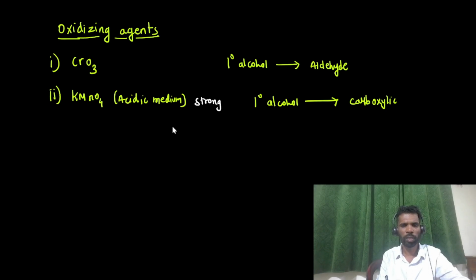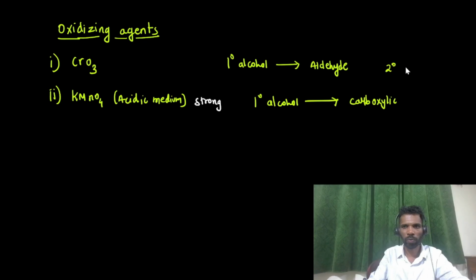Now, you must be asking, what about the secondary alcohol? For secondary alcohol, it doesn't matter whether the agent is strong or weak. Maximum it can get converted from secondary alcohol to ketone. So you have to worry only about the primary alcohol.